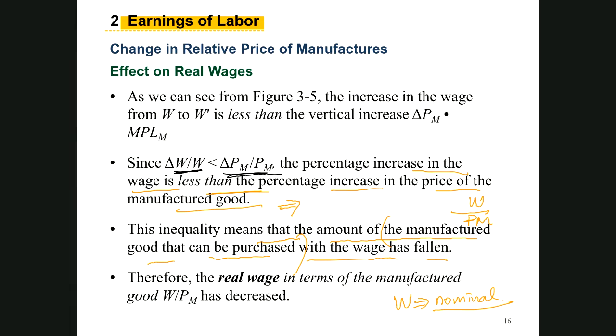But what is the real wage? The real wage is the nominal wage divided by the price index. Remember the gravity model, where we have a fixed price index like this. If you divide your nominal wage by the price, you will get a real wage here. So the real wage in terms of manufactured goods has decreased.